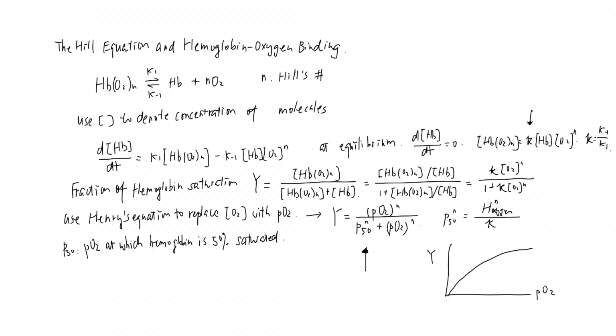You may have a curve that looks like this, or you may have a curve that looks like this. You may have different slopes. The exact slope depends on n and also P50. So if you are doing an experiment, you measure this, and you can fit for n or for many other numbers.